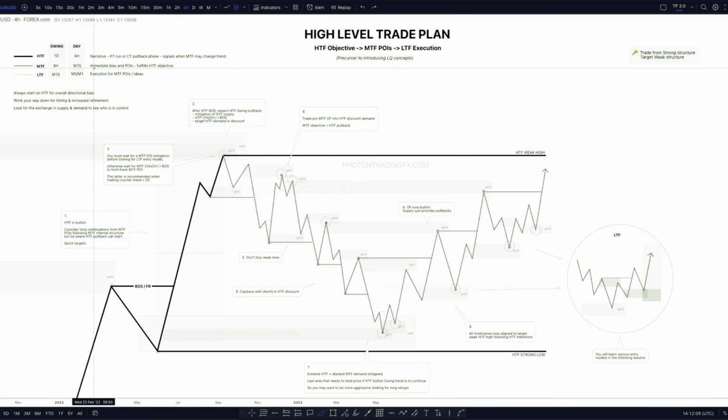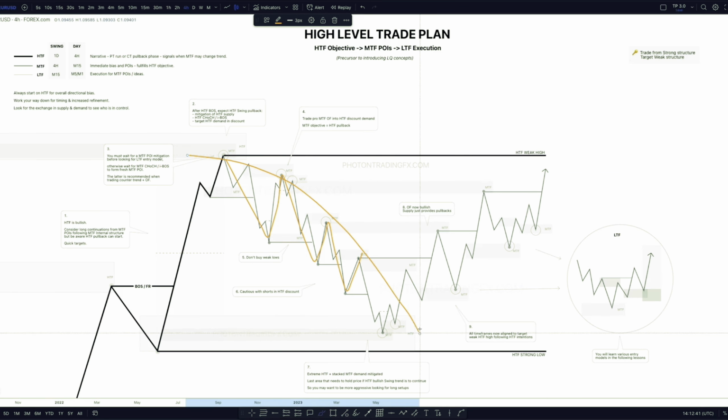So again, what we're going to be doing with our medium time frame is following that for our immediate bias and with our POIs, okay? And the way you want to think about the medium time frame is it's the soldier for the higher time frame, right? The medium time frame's job is to fulfill the higher time frame objective, okay? So at this point, when we're having the higher time frame pullback, if you're shorting and you're following the medium time frame because it's bearish, you have to understand that its objective at that point, it's switched bearish to do what?